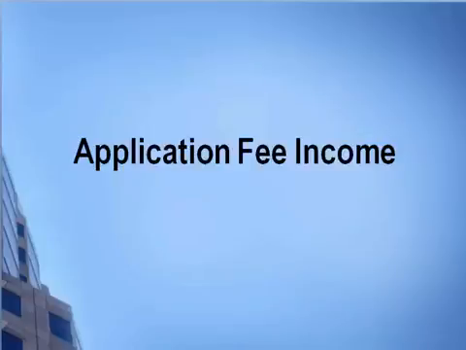That'll give you an idea as to exactly how busy the leasing manager or the property manager is in leasing up that unit. All right, so you want to use this application fee income category to give you a handle on exactly how active the property is.